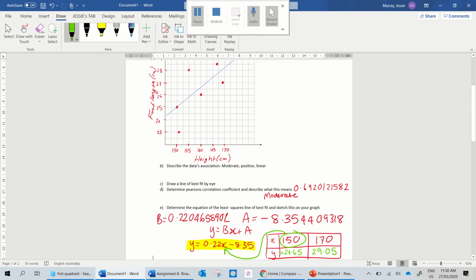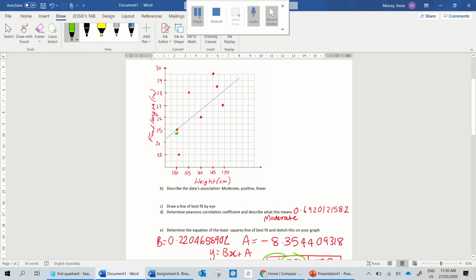So I have the point 150 and then 24.7, say. 150, 24.7, so nearly 25. So I'd be looking at about here. And then 170, 29.